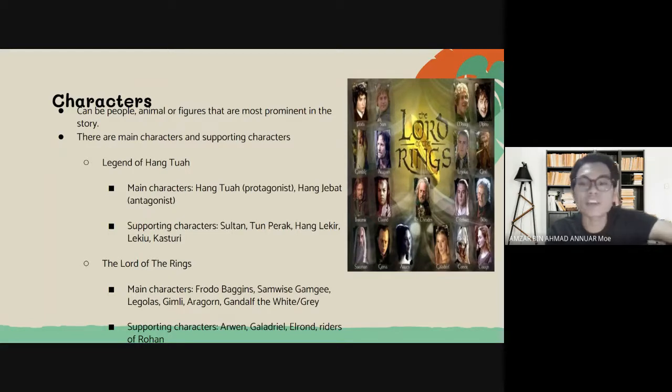Where is the setting of place? Where does it take place? Setting of place of How the Tiger Got Its Stripes. Ada tak setting of place? Awak boleh tengok dalam buku teks awak. Do you have the setting of place here?